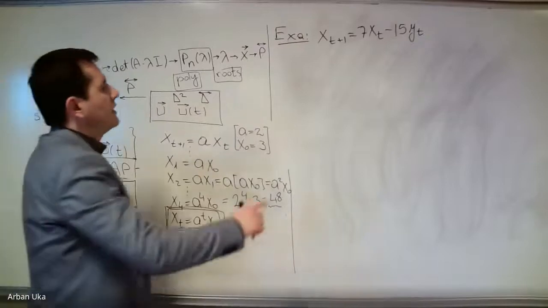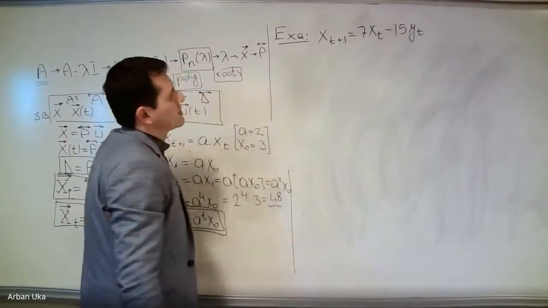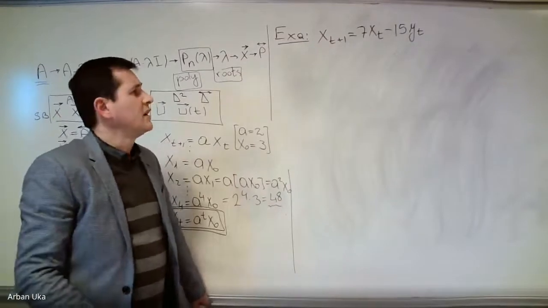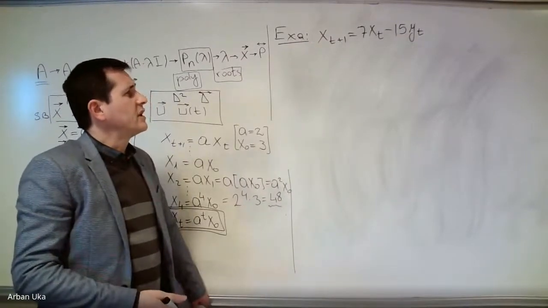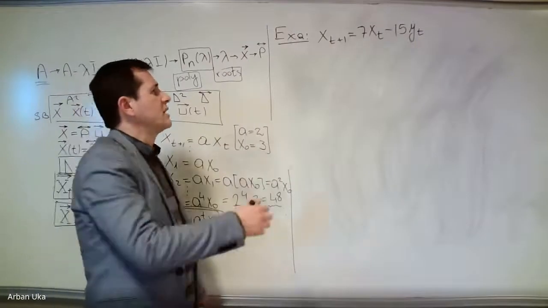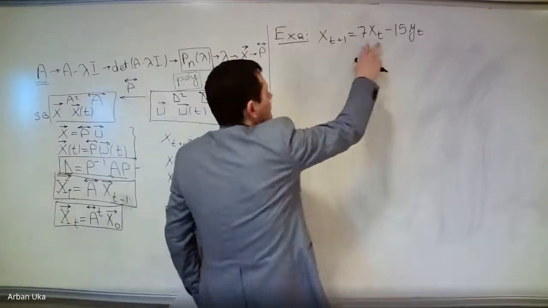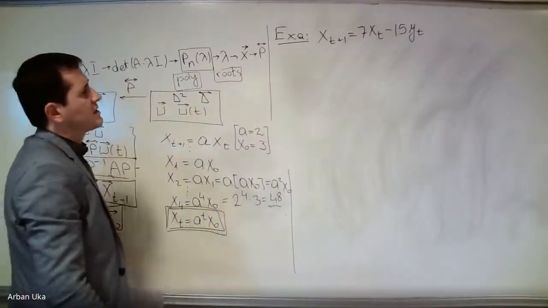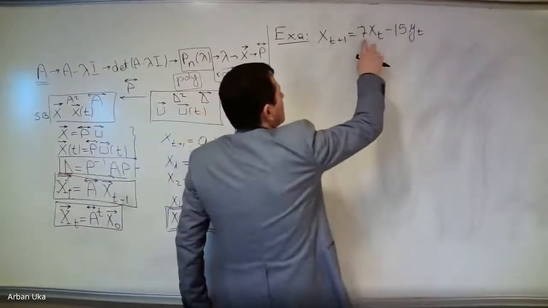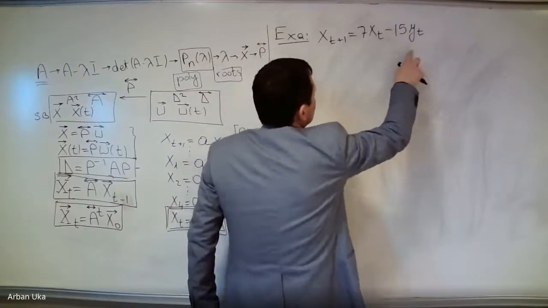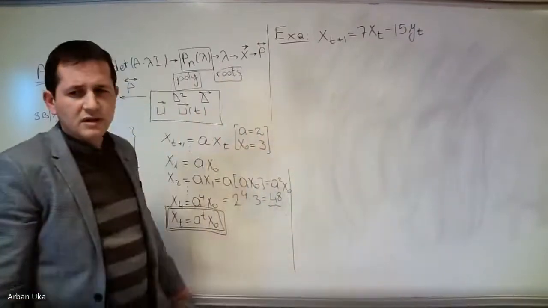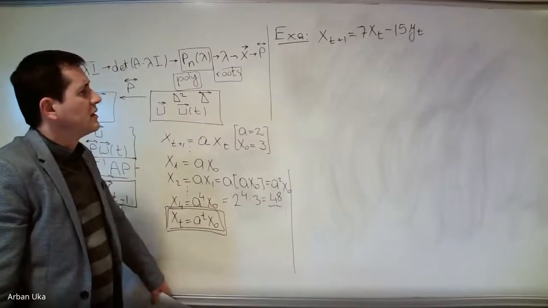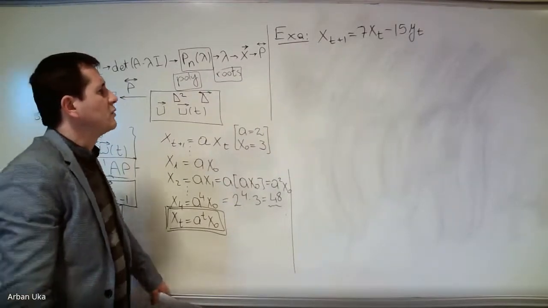Let x be the number of rabbits, and y the number of foxes. The more foxes we have, the more rabbits they are going to eat. So the number of rabbits later on is going to be 7 times xt, since let's assume they are multiplying with a factor of 7, minus 15 times yt. So these two we might consider like the populations of two different mammals that compete with respect to each other.